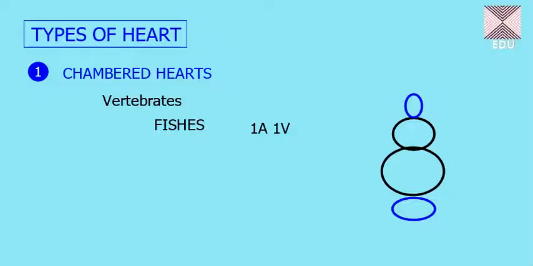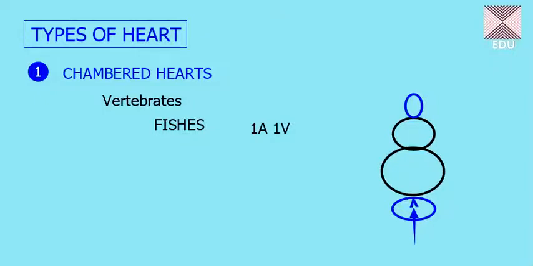Now the oxygen depleted blood, which is deoxygenated blood, returning from the body enters the atrium, and then the blood flows to the ventricle. It is pumped from the ventricle and goes to the ventral aorta through the conus arteriosus. So whenever it is coming from the body, first of all it will reach the sinus venosus.